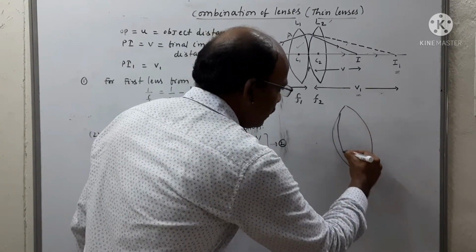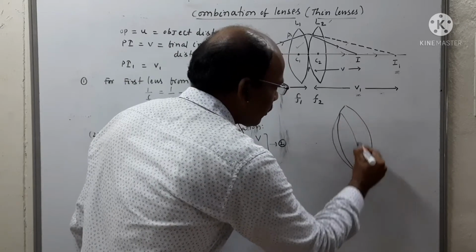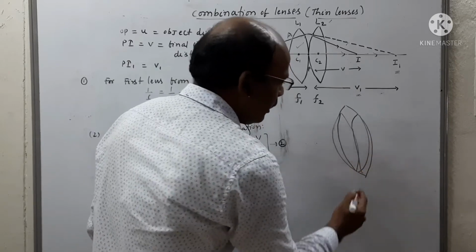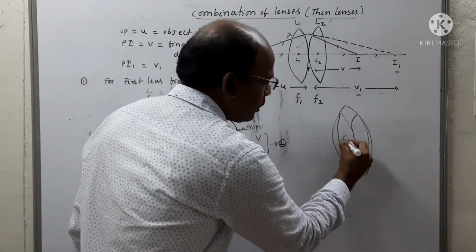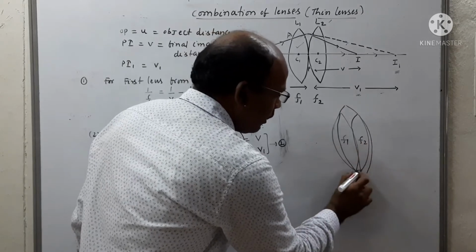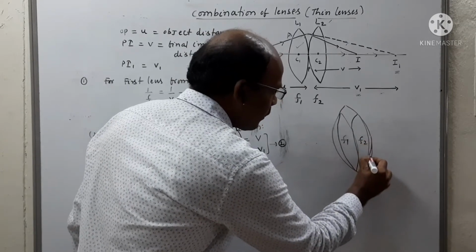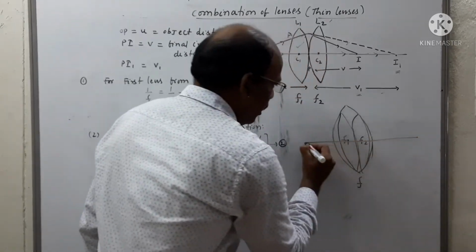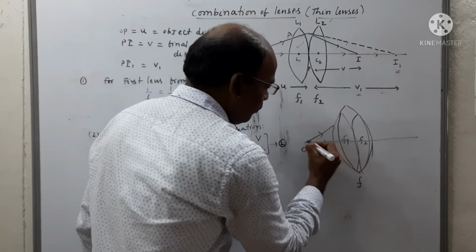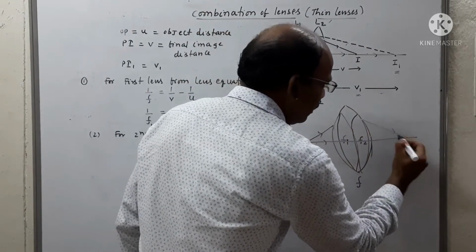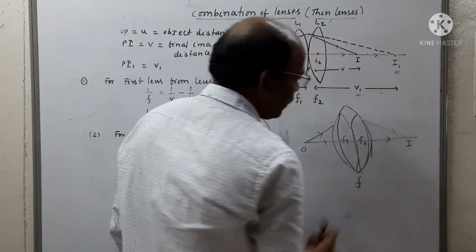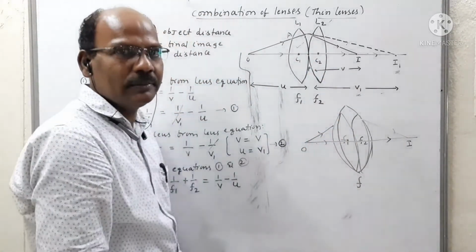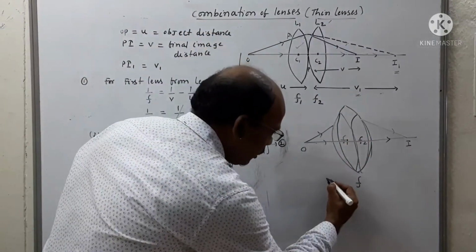This is the combination of two lenses, F1 and F2, and the two lenses are taken as a single lens of focal length F, which forms the image of the object O after refraction at a point I. So if we consider the combination as a single convex lens, then we can write this is a single convex lens.